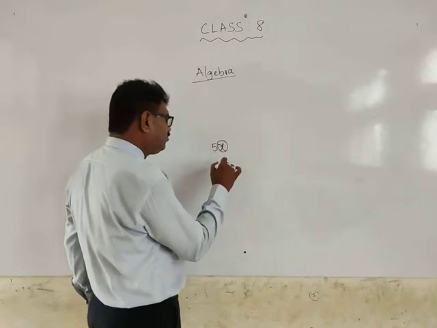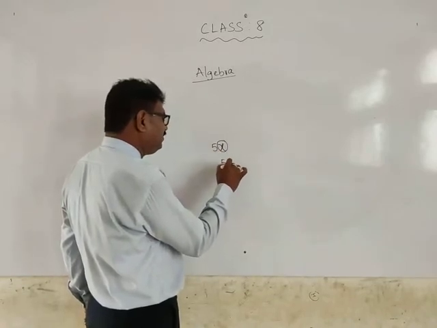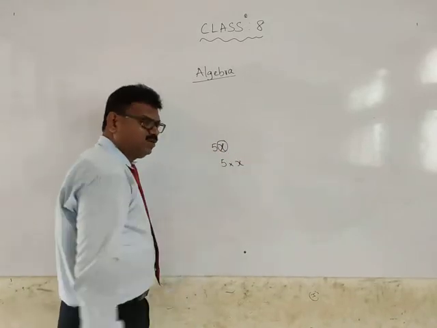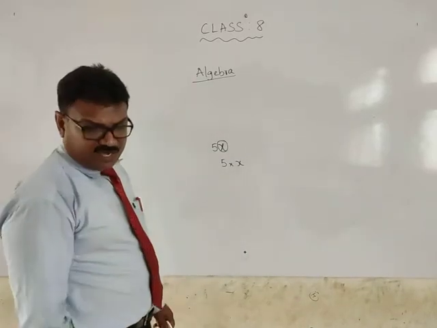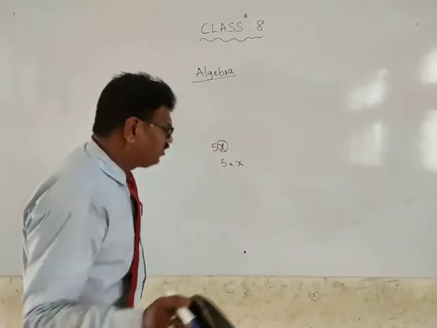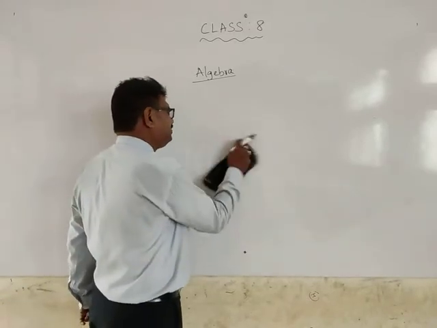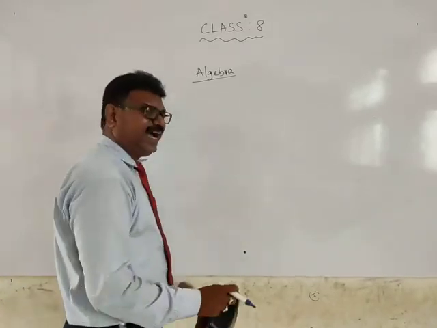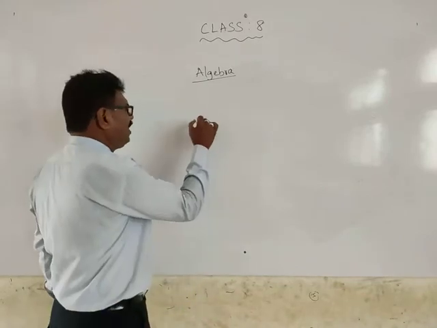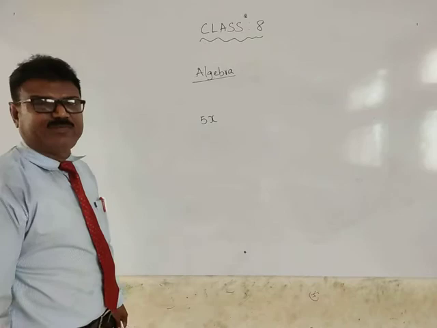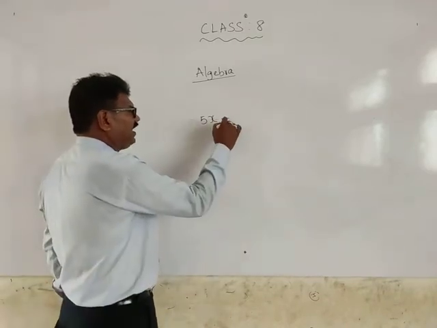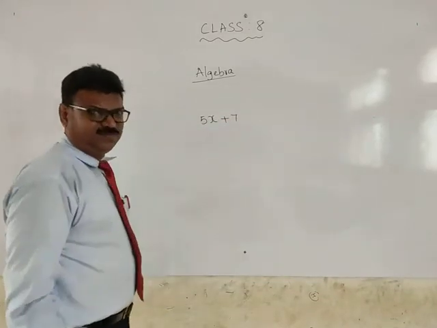And 5x means what? In between, into is there. No sign means what? Multiplication sign is there. How to identify? Whether it is a multiplication sign, other signs will be noted as usual. Okay na? Right. Now, what I told? 5x. It is an algebraic expression. 5x plus 7.